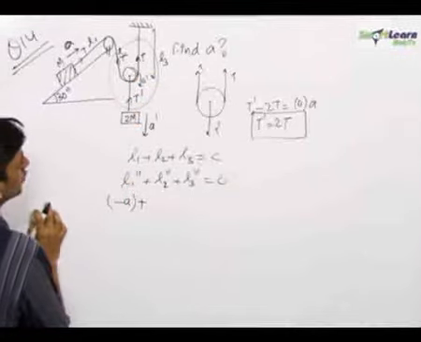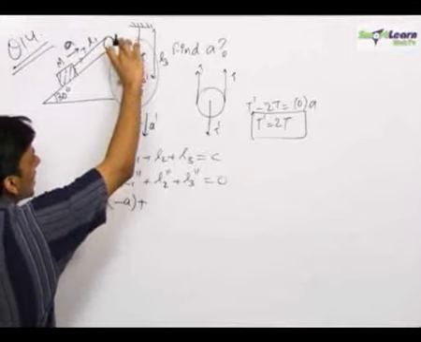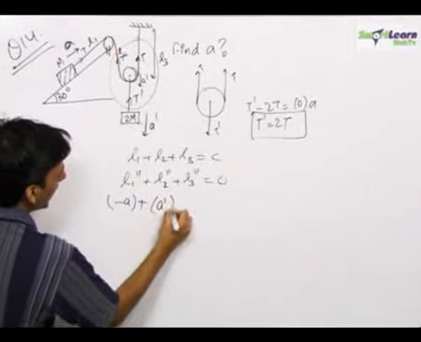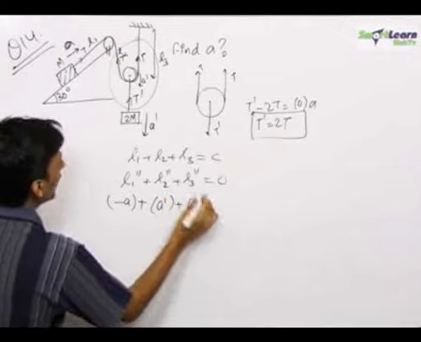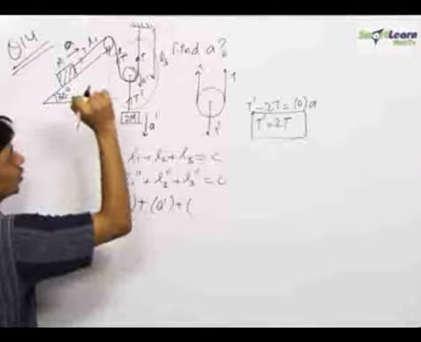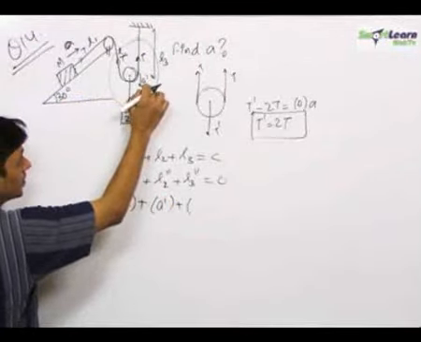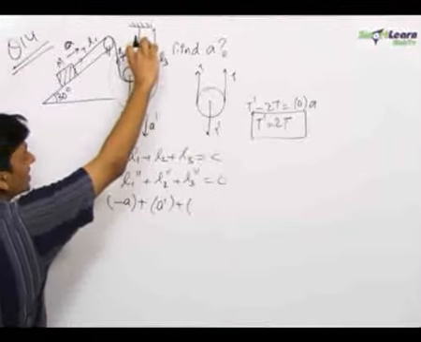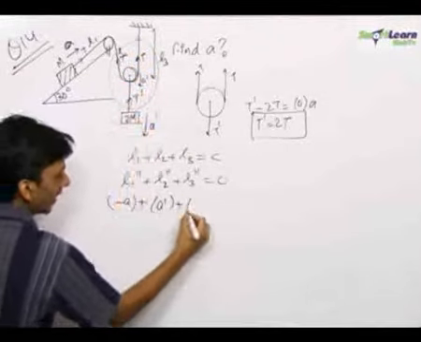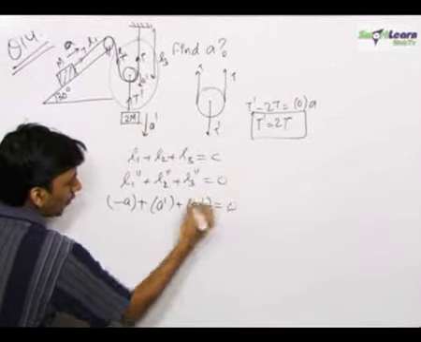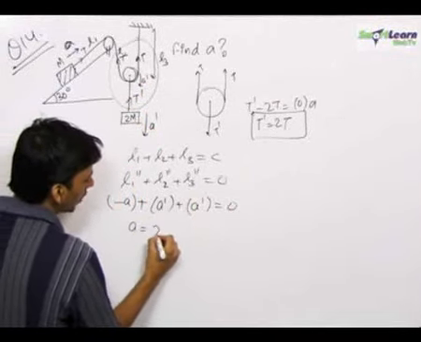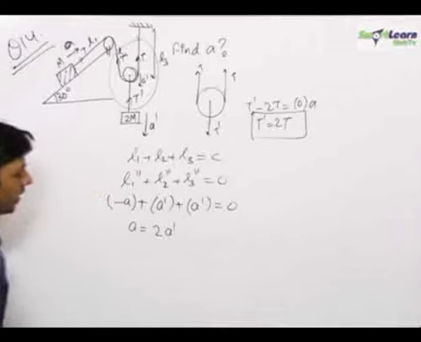Therefore this pulley moves with A dash, and it increases this length L2 by A dash. Now for L3, the same case as L2, this pulley is increasing this L3 at the rate A dash again. Therefore we write this and we get A is equal to 2 times A dash.